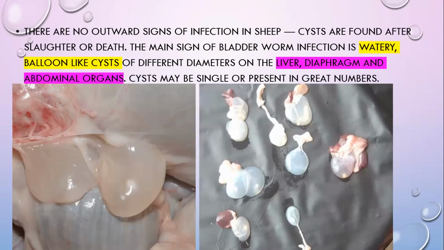The cyst, you can see, is a balloon-like watery fluid cyst having different diameters. They may be present singly or more than one, and mostly they affect the abdominal organs as well as sometimes the liver.